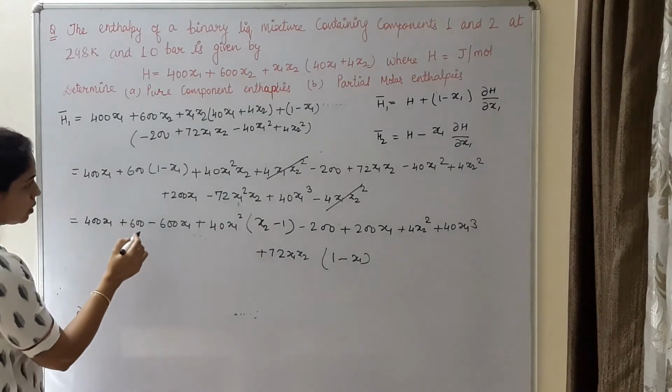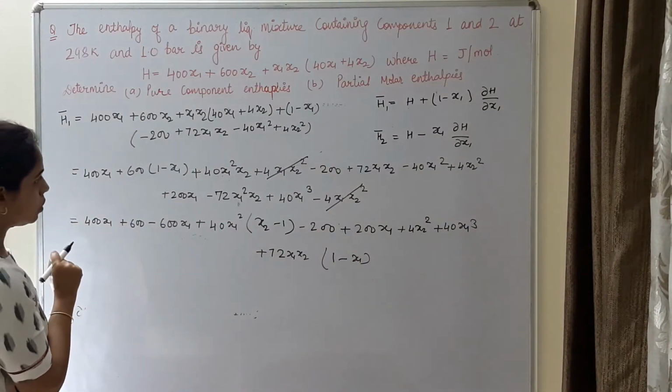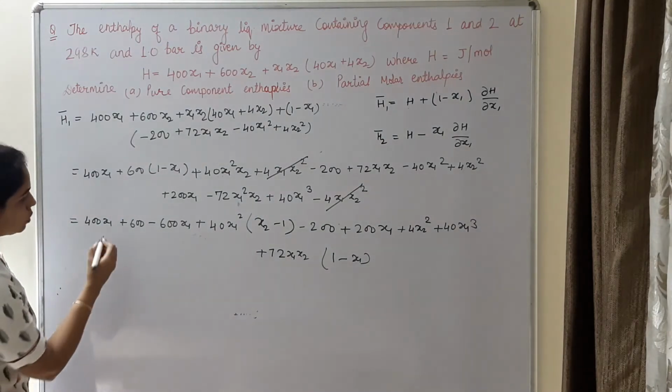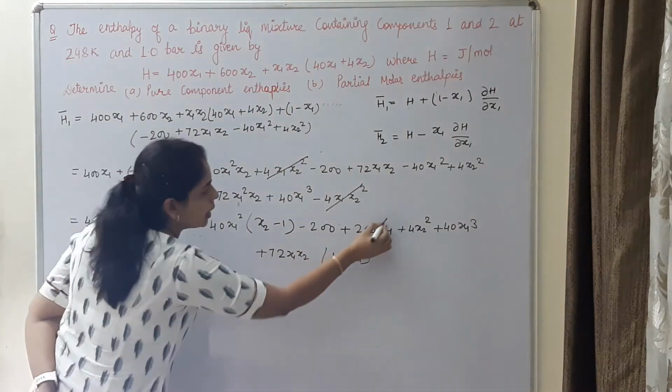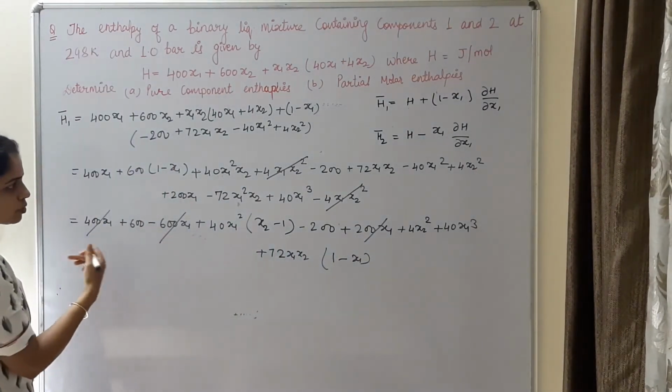So okay, 400 x1 we cancel, 400 plus 200 is 600 x1, and 600 x1 is cancelled.